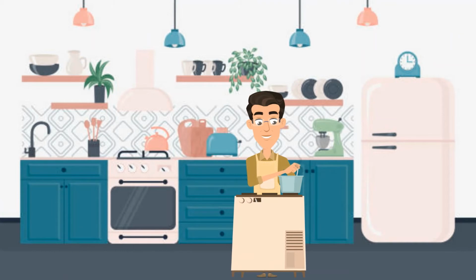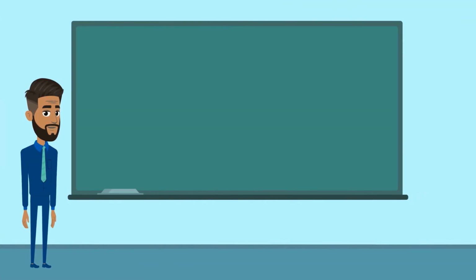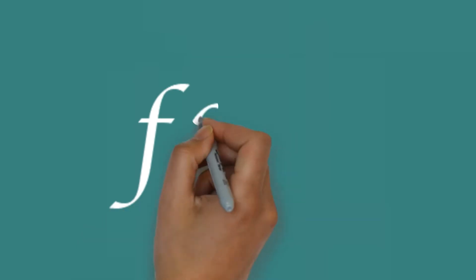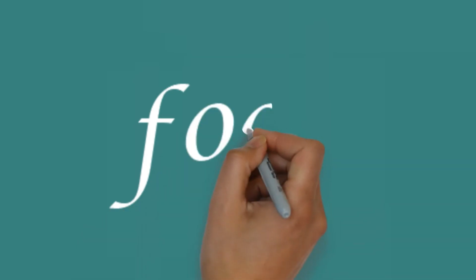Next up is a cook who is stirring their food with a spoon. Now, you may have heard food and spoon. So, starting with food. F, OO, and d.